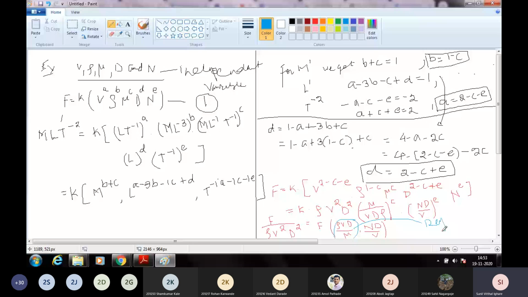So the force that is acting on a propeller, we have reduced by this method, and it depends on the Reynolds number and this factor, ND divided by V. Actually, it's a parameter.